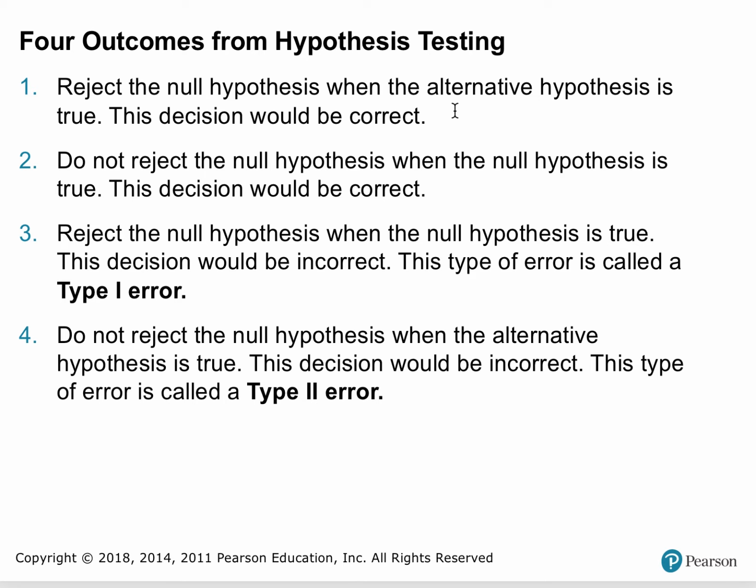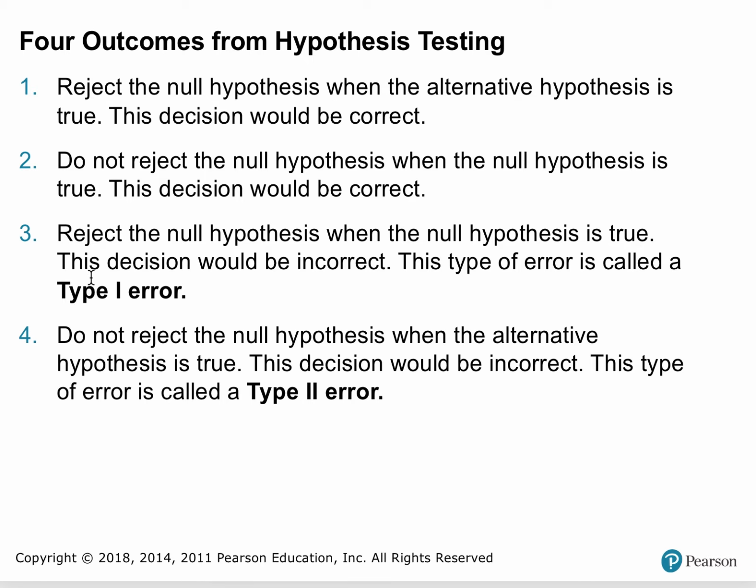It's what you should have done. 2, you do not reject the null hypothesis when the null hypothesis is indeed true, and you've made another correct decision. But you could reject the null hypothesis when the null hypothesis is actually true. So you would have made an incorrect decision.